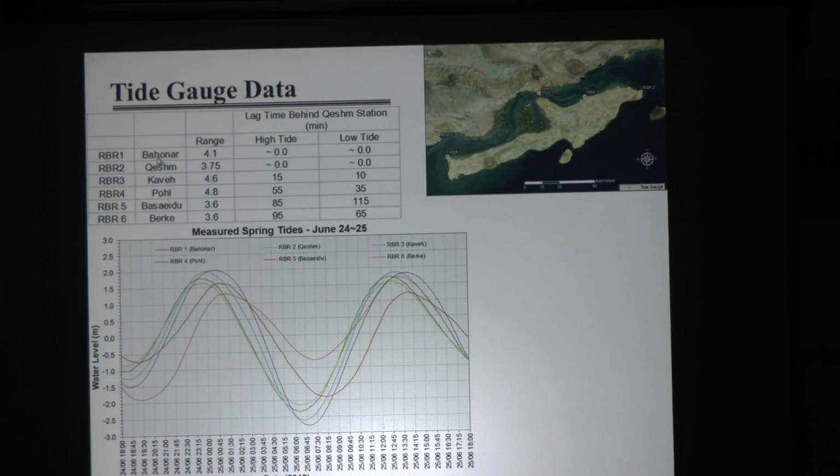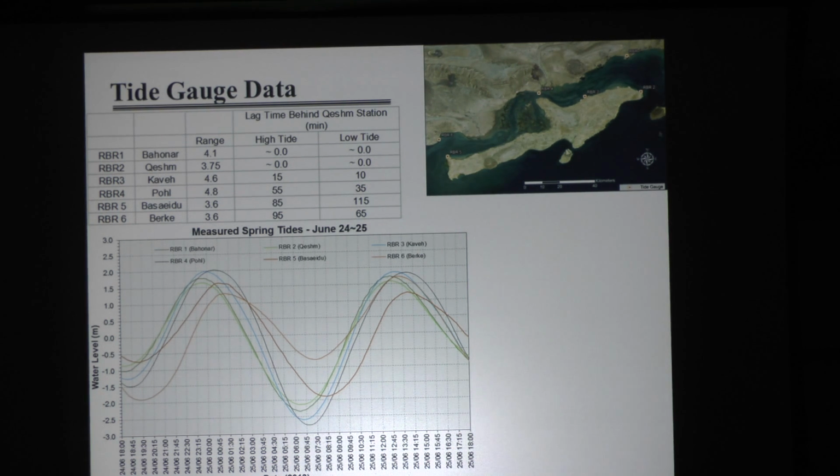for these 2 stations located here, they are somehow similar. But when you come this much far from that area, you have something about 15 minutes time lag for high tide, and 10 minutes time lag for low tide.